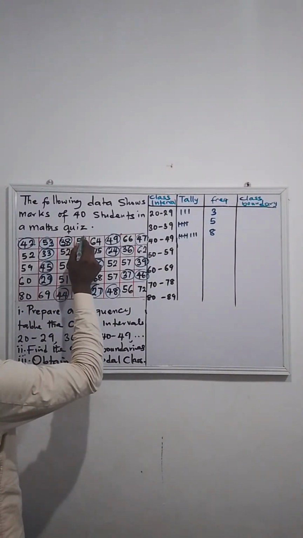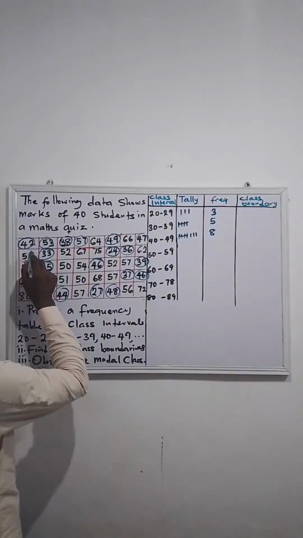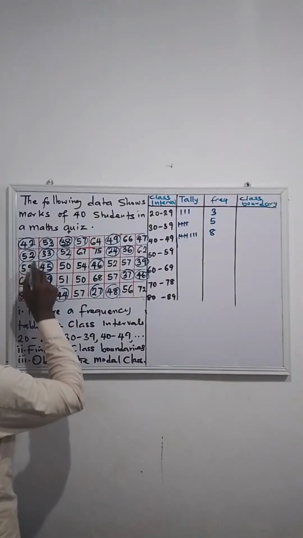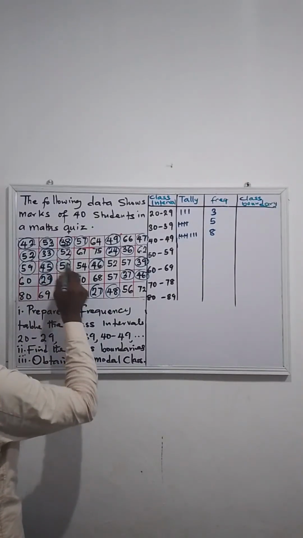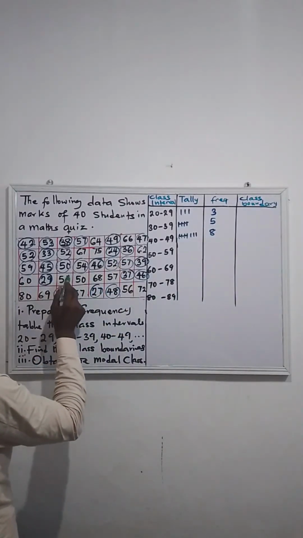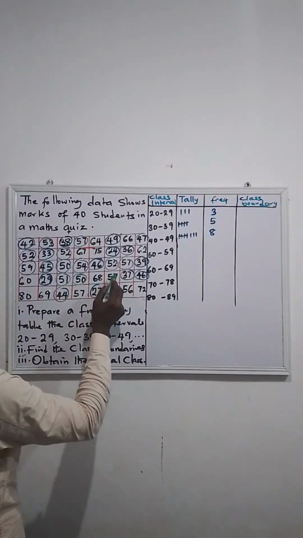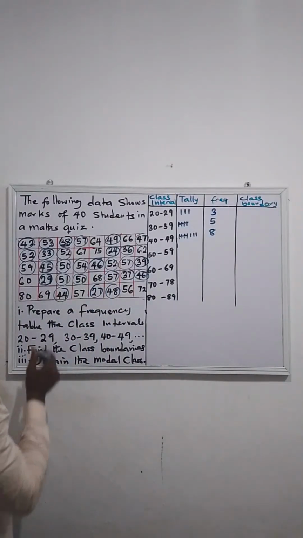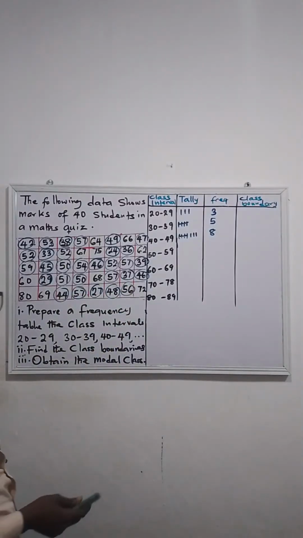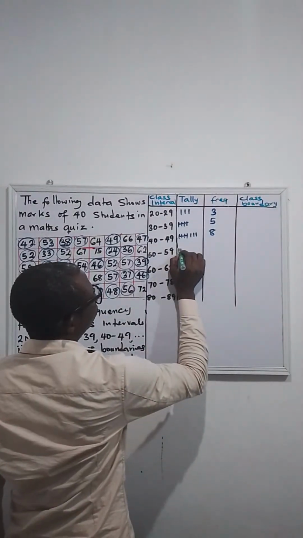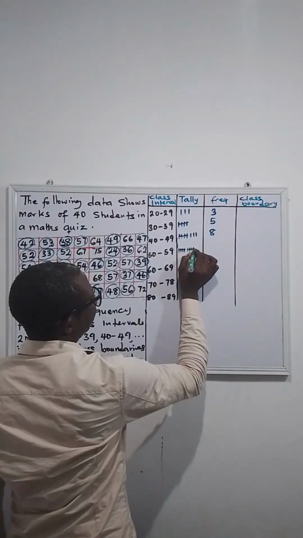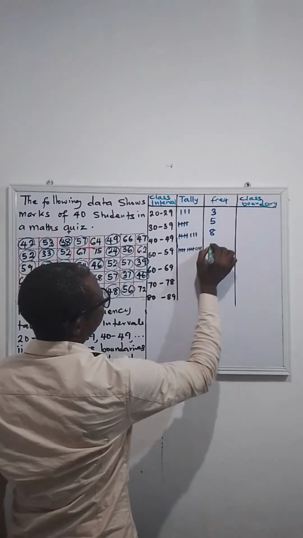We have 1, 2, 3, 4, 5, 6, 7, 8, 9, 10, 11, 12, 13, 14. Okay, that's 14. So we have 14.